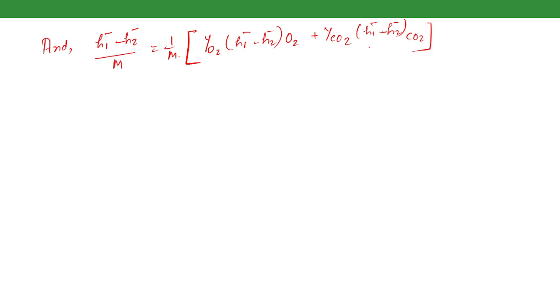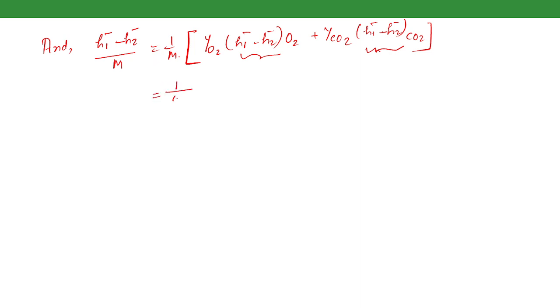These values of h1 bar and h2 bar for carbon dioxide and oxygen, similar to how we determined the entropy values, we can determine from the ideal gas property table for oxygen and carbon dioxide.